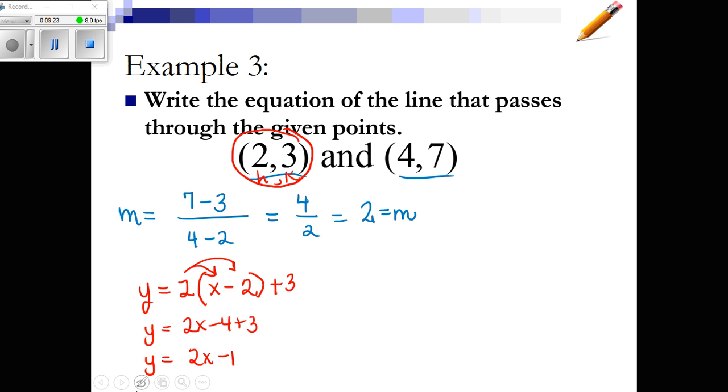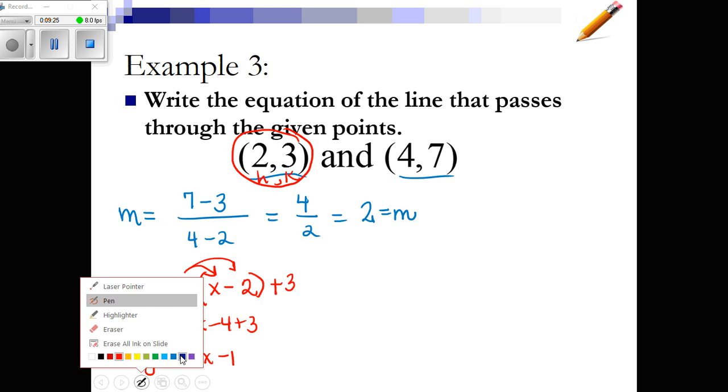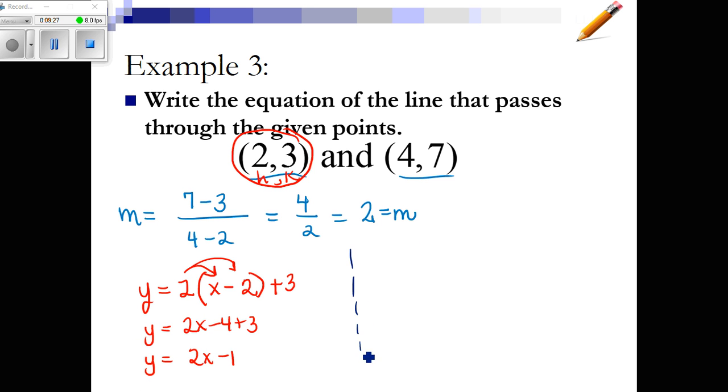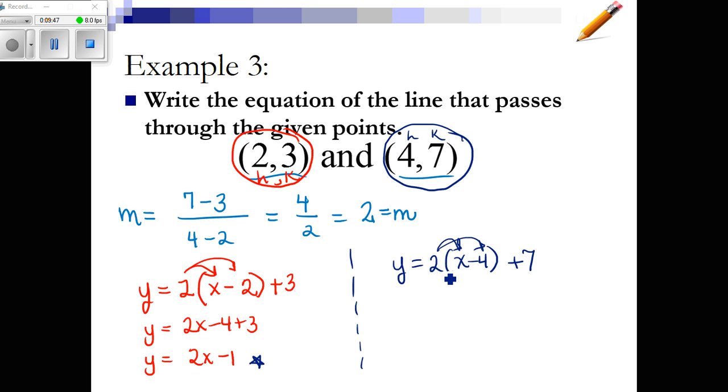Now, let's do this. I want to prove to you that this point would also give me this exact value. So let's go ahead and use this one as our h and k now. So y equals 2 times x minus 4 plus 7. Go ahead and distribute it out.